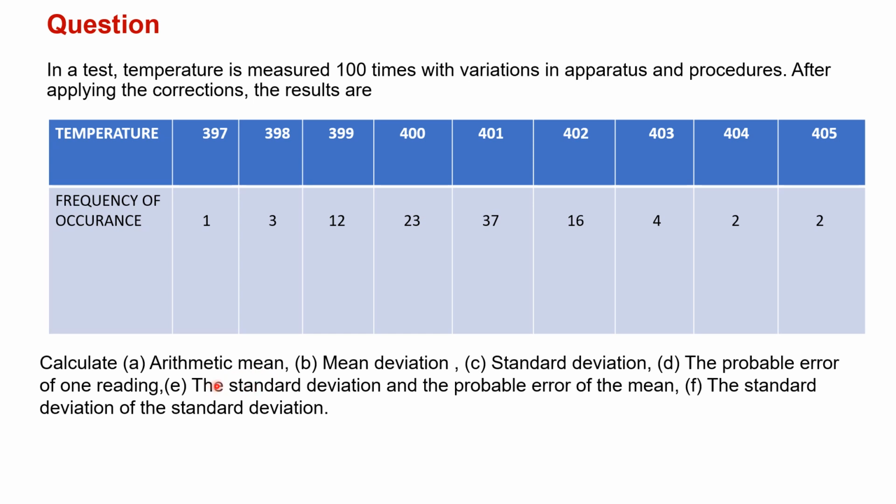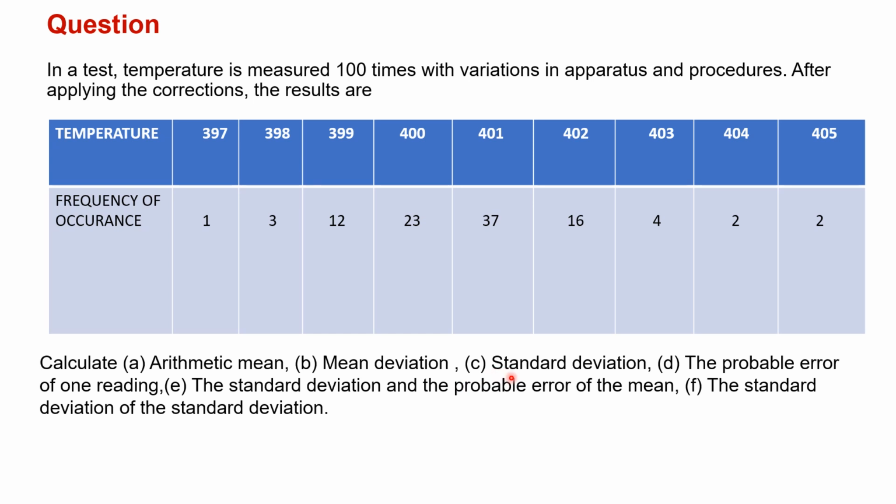Second, mean deviation. Mean or average deviation is the sum of absolute values of deviations divided by the number of readings. That is the definition for mean or average deviation.